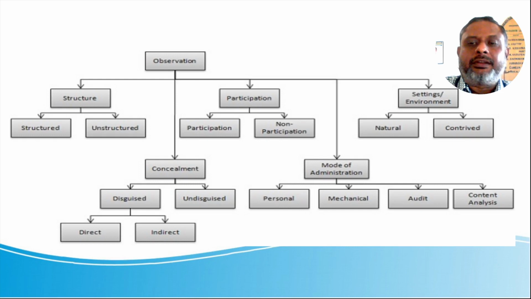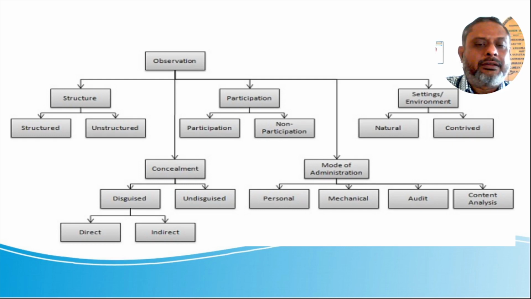Looking at the settings or environment, settings may be natural or contrived. Looking at the concealment, the observer may be disguised or undisguised. If disguised, the observer is unknown to the group being observed.